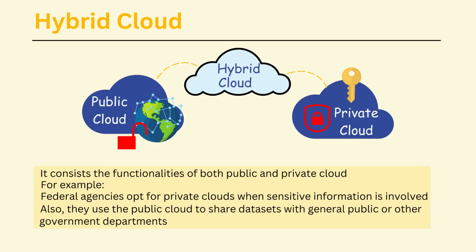And hybrid cloud gives the best of both public and private cloud. For example, the federal agencies. They opt for private clouds for storing and developing personal data, and they use public cloud to share the non-sensitive data with the general public or with other government departments.